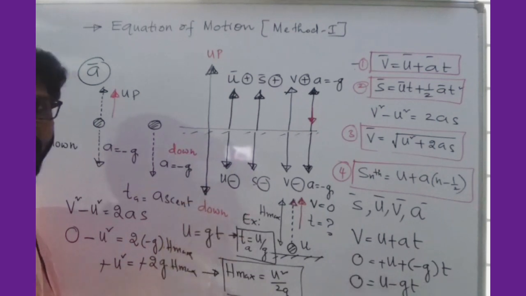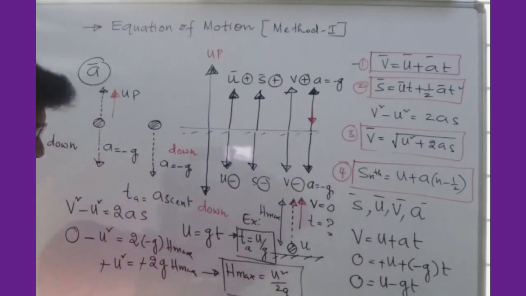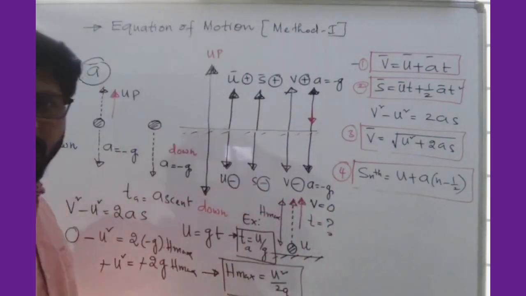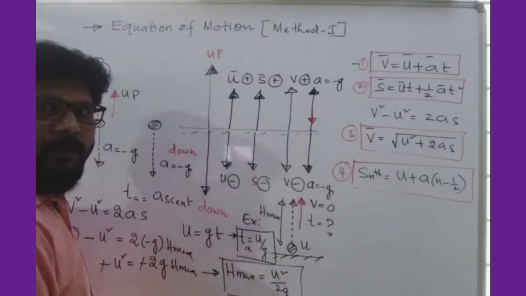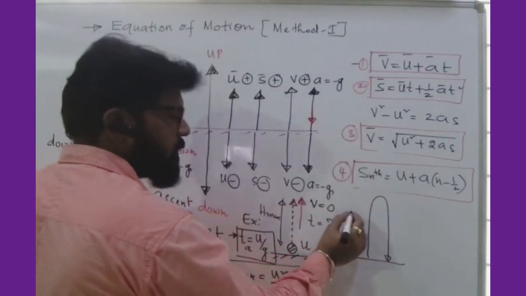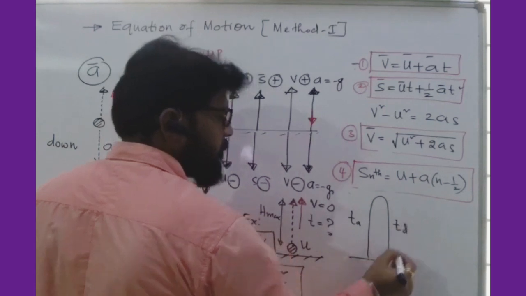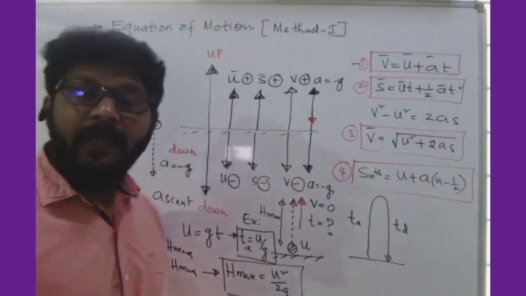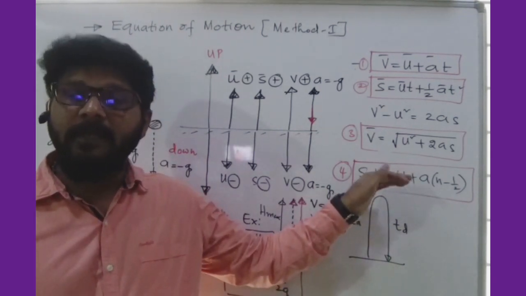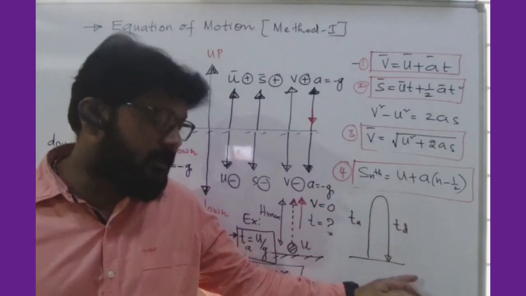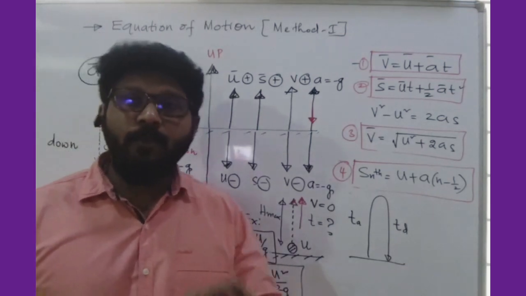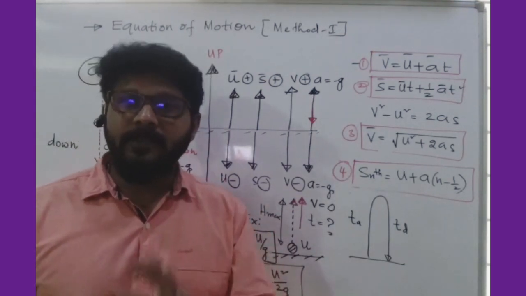When it is going in the upward direction and returning back, going up is called time of ascent, and coming down is time of descent. If there is no air friction, then the time taken to reach maximum height and the time taken to come from maximum height to the point of projection are both the same. Keep it in mind.